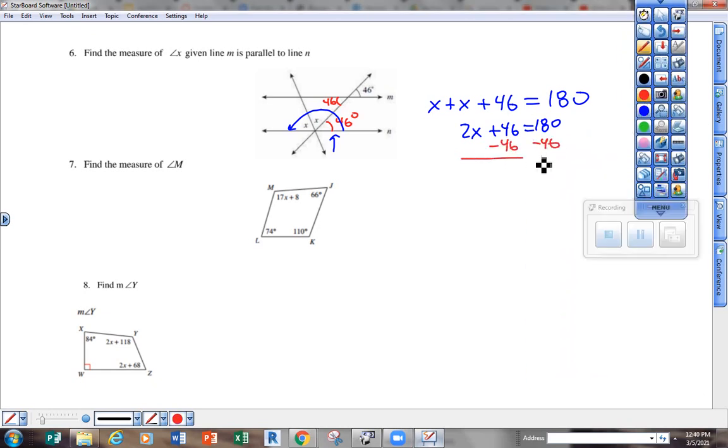Take that away from 180 and then divide that answer by 2. Looks like 67.